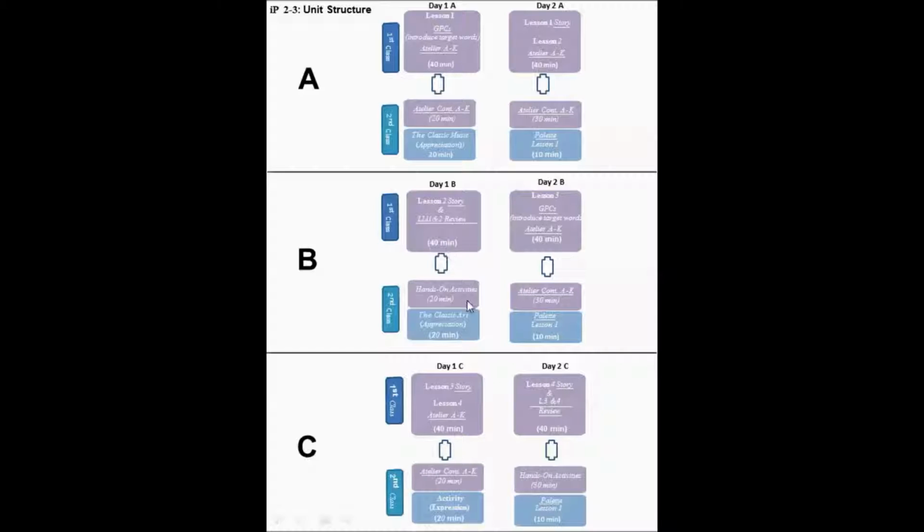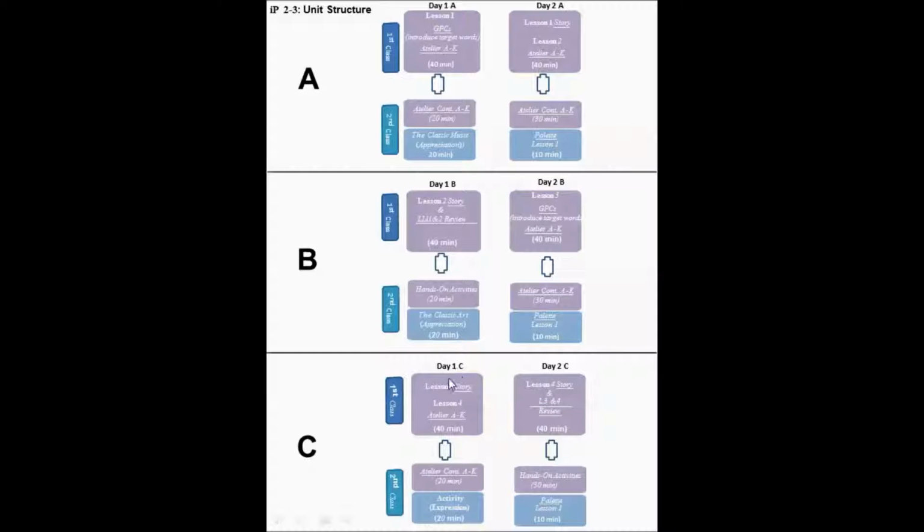After the break, we will do hands-on activities for 20 minutes, and then the classic, this time art appreciation for 20 minutes. On day 2B, we're going to move on to lesson 3. Again, atelier A through K, have a 5-minute break, whatever we didn't finish, A through K for 30 minutes here. And then we will do lesson 1 of the palette for 10 minutes.